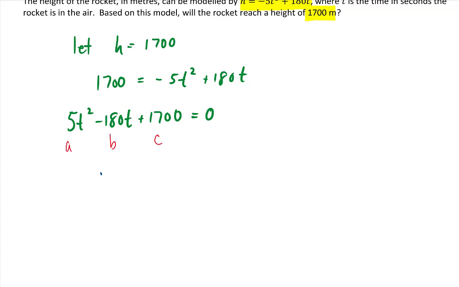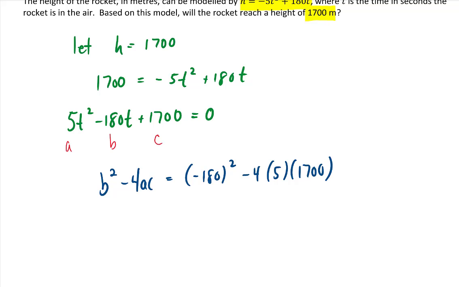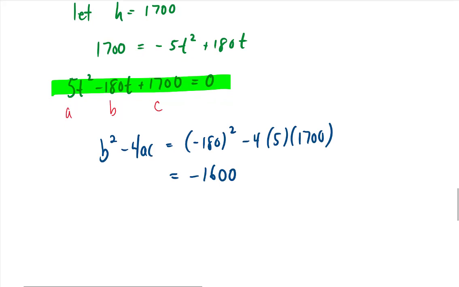So b squared minus 4ac gives us negative 180 squared minus 4 times a times c. If we evaluate the discriminant, we get negative 1600, which tells us there is no solution to this equation, which means it can't reach a height of 1,700 meters.